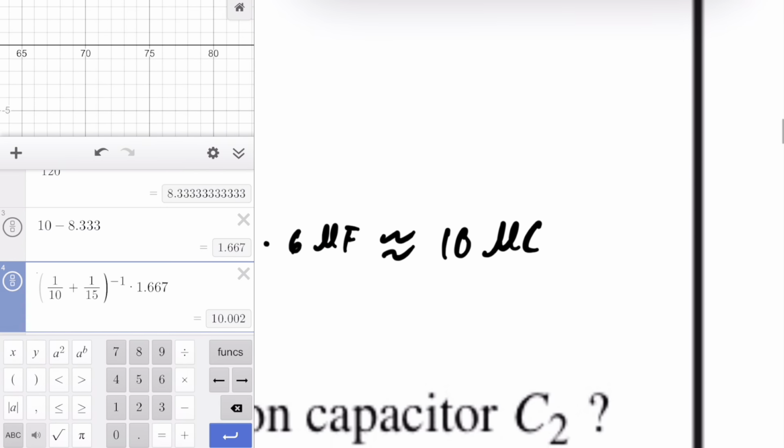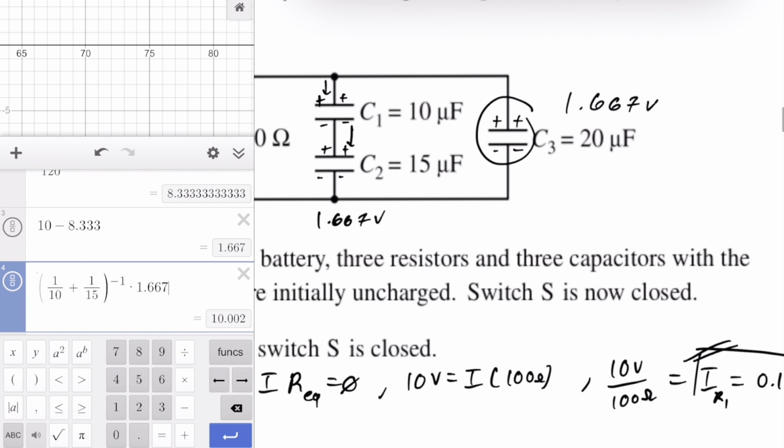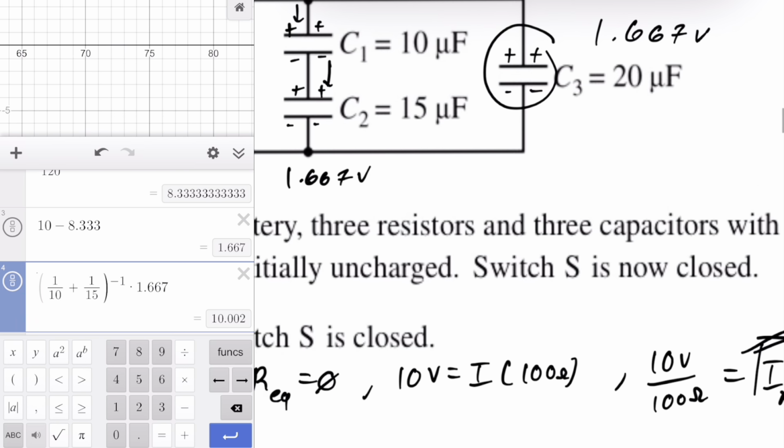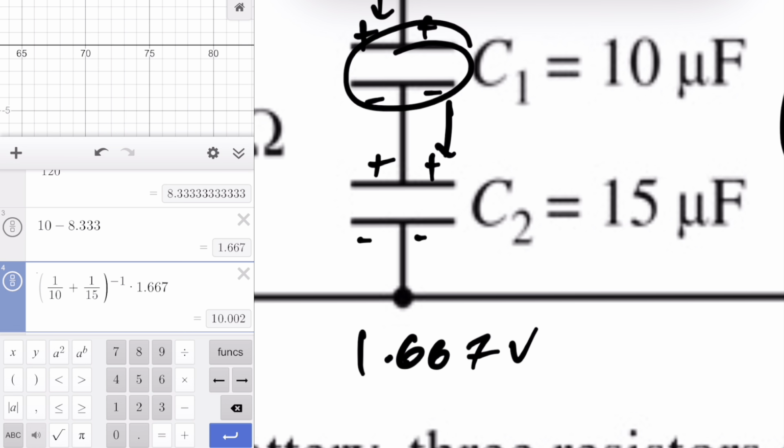Now that's the charge stored on this big capacitor here, when I take the two and get their equivalent capacitance. But I know that these two have to have the same charge stored on them if they're in series. That's just how physics works. That's a property that you should have learned in class by now if you're taking E&M. The charge on capacitors that are in series when they are connected to a battery, and only when they're connected to a battery, is the same.